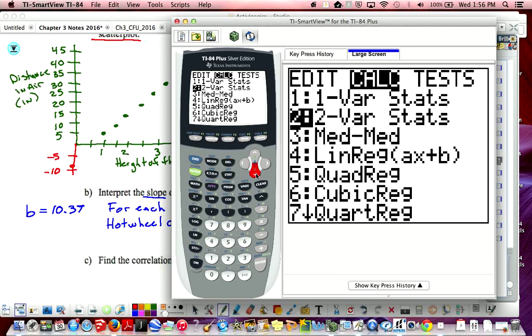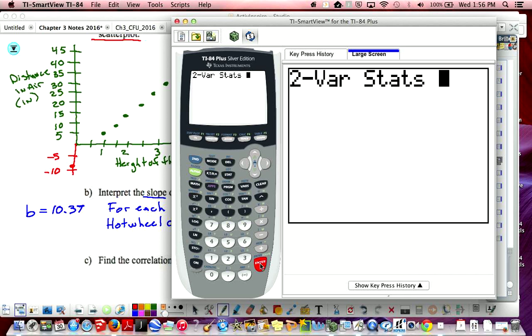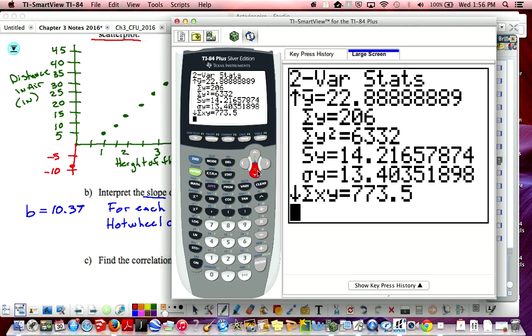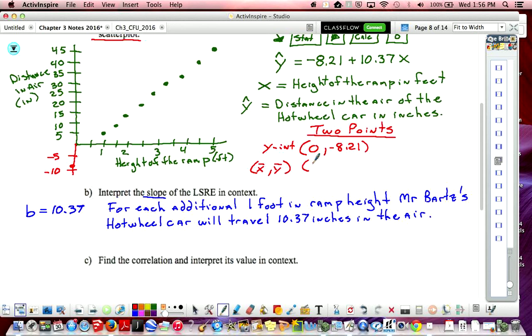So if you select 2 variable statistics, right now, since mine is in list 1 and list 2, it defaults to it. It will give you your mean of x. Look at that. Mean of x is 3. Scroll down. Ooh, look at that. Mean of y, 22.8 repeating. So let's note those. We got our second point. 3, 22.89.